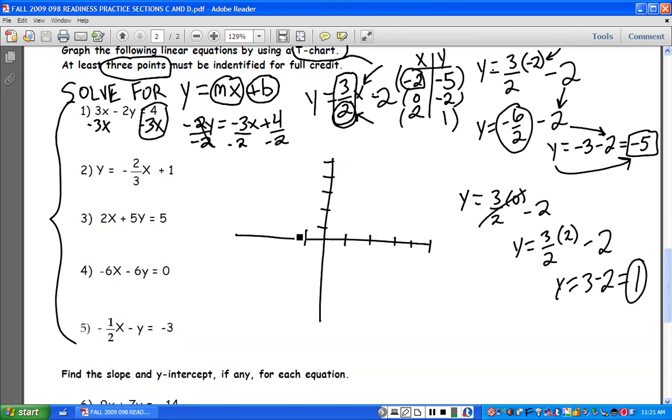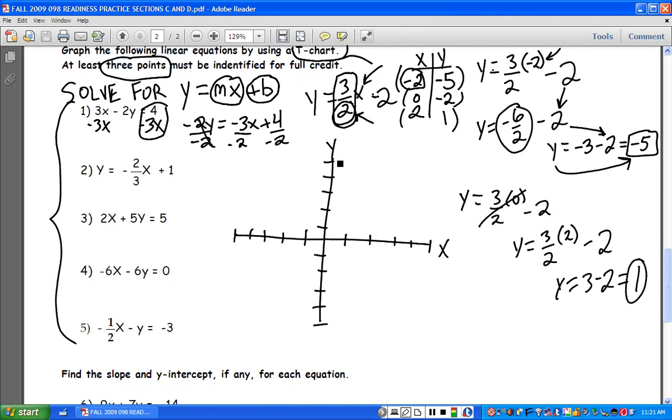Now notice, when I'm making this graph here, I'm making sure I have 5 hashes on each axis, x-axis and y-axis. 1, 2, 3, 4, 5.